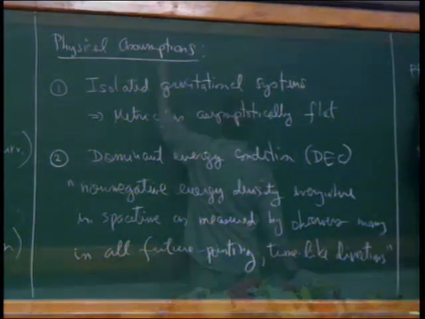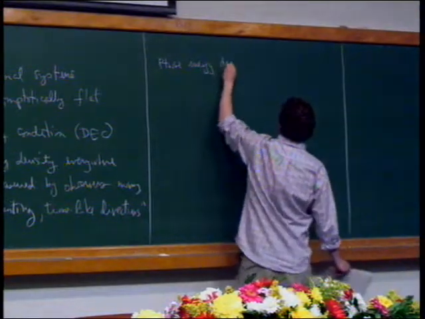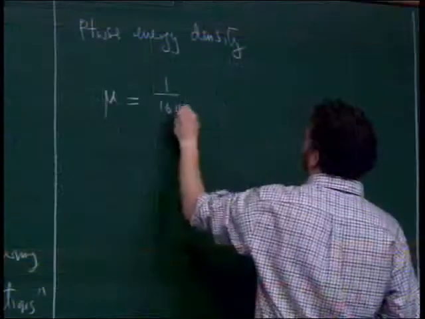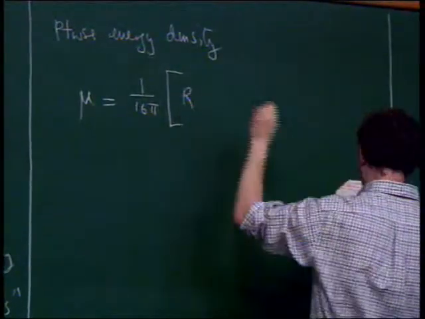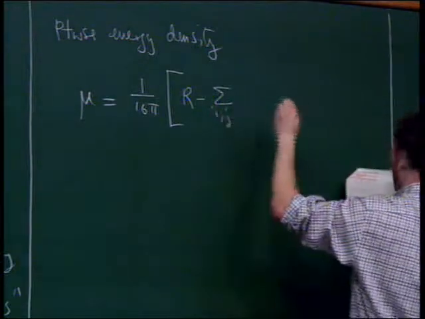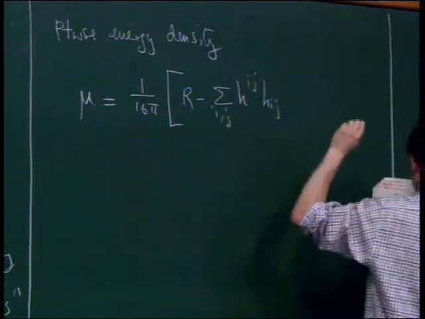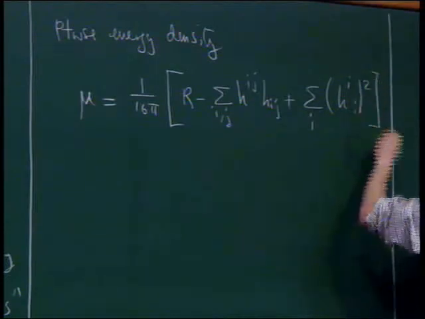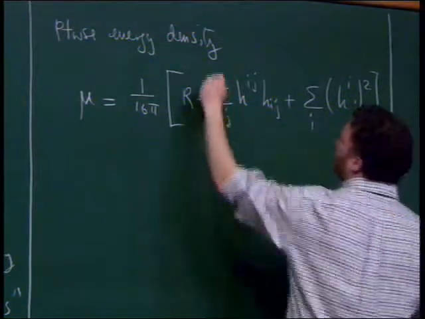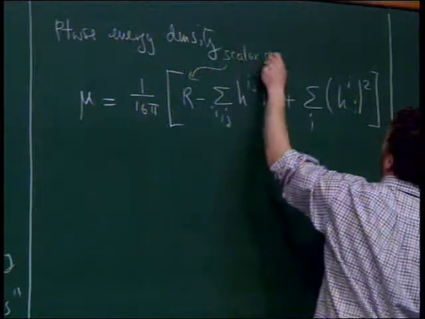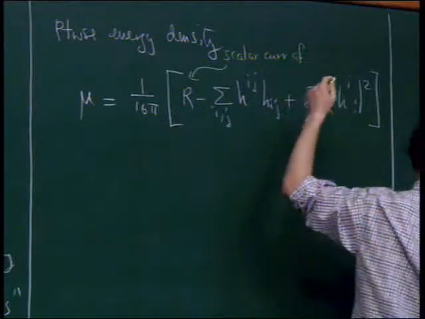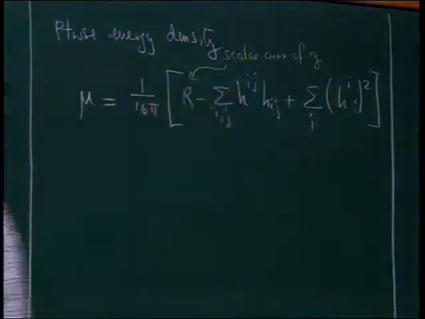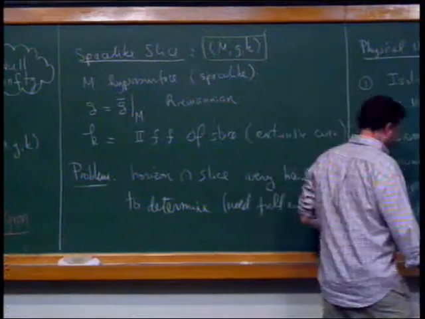So if you call the point-wise energy density mu, the definition is the following: mu equals 1 over 16 pi times (R minus the sum over ij of h_ij h^ij plus the sum over i of h_i squared). Here R is the scalar curvature of g, where g, remember, is our space-like slice.